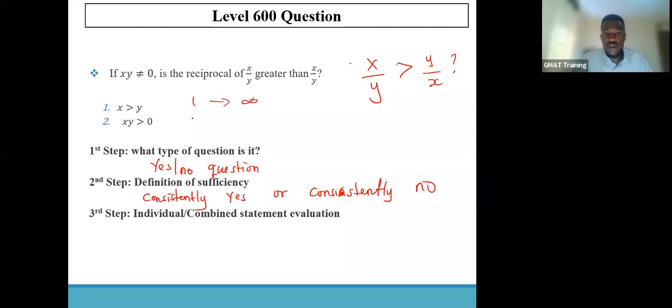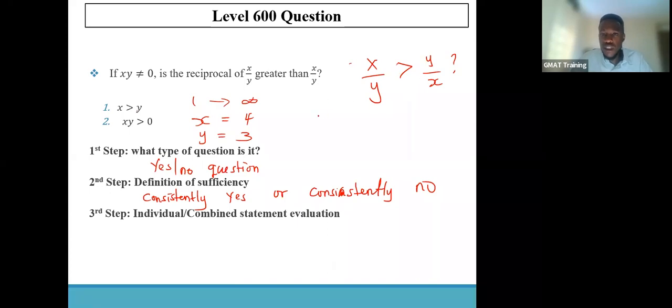Say you took x to be equal to 4 and y to be equal to 3. This does satisfy the condition set in statement 1 that x is greater than y, 4 is greater than 3. So then we substitute it into this expression here that defines what the question stem requires of us.